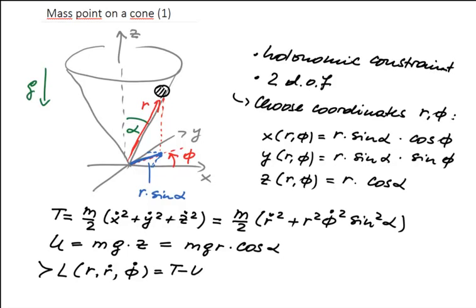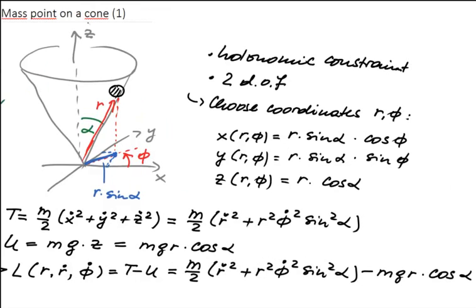This is T minus U. Inserting the results from above, we can simply copy. This is the kinetic part minus the potential energy. This is the Lagrange function. And this is the starting point for deriving the equation of motion, for looking for conserved quantities, etc.